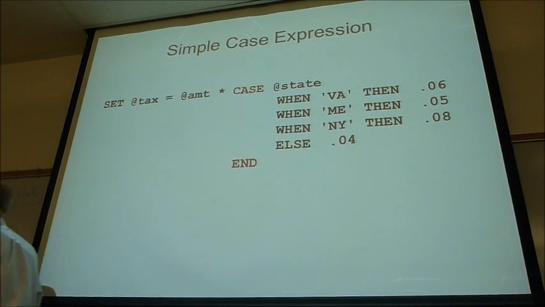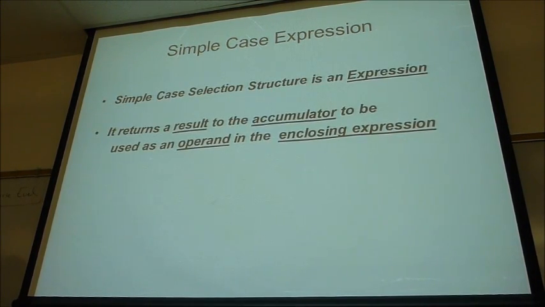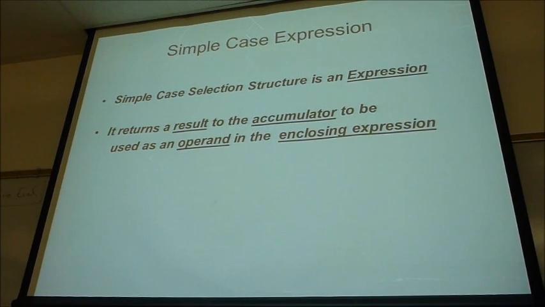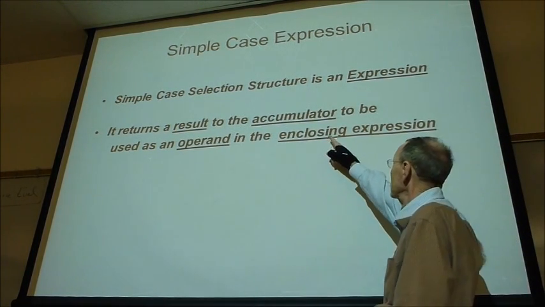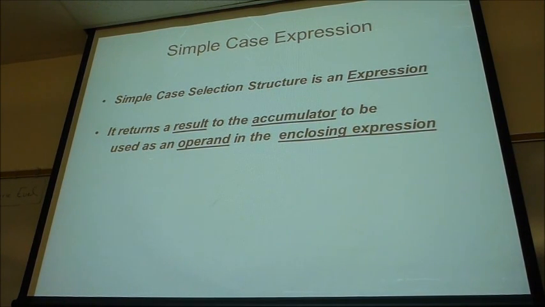I skipped the statement here, I'm just interested in the power. I wanted to emphasize this is an expression. I wrote it out here, but it returns a result to the accumulator and can be used as an operand in the enclosing expression. That's exactly what we've done here.